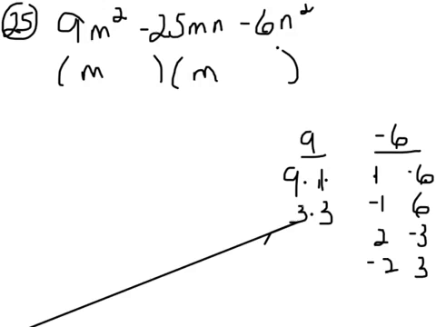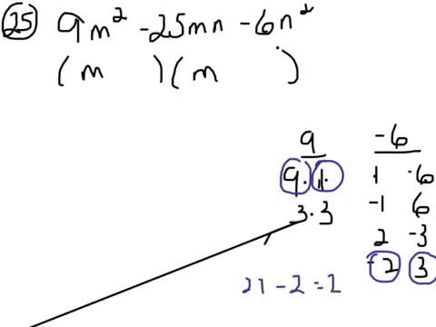Sometimes, after a while, you might be able to kind of take an overall look at it. If I want a negative 25, that's a pretty big number. So maybe I want to look at this 9. What if I did this? Maybe you think, oh, 9 and 1 and the 2 and the 3 might work. Let's try this one first. 9 times 3 would be 27, and 1 times negative 2 would be negative 2, and when I did that, I'd get a positive 25.